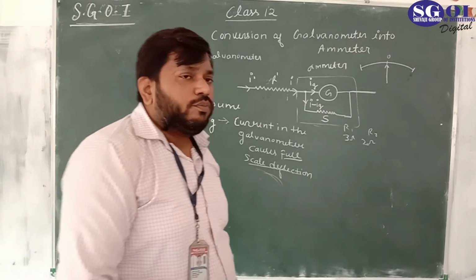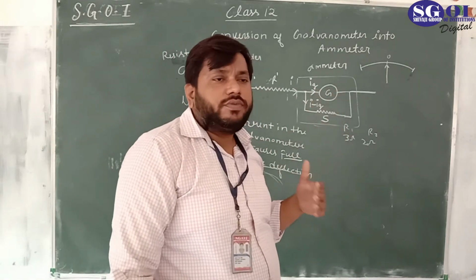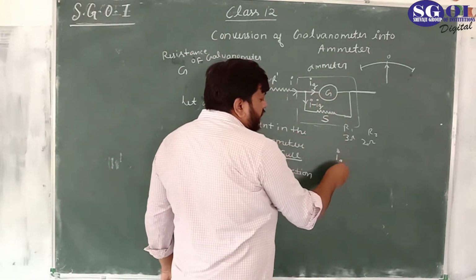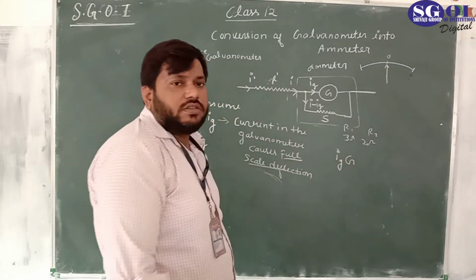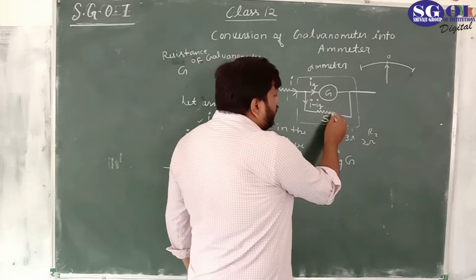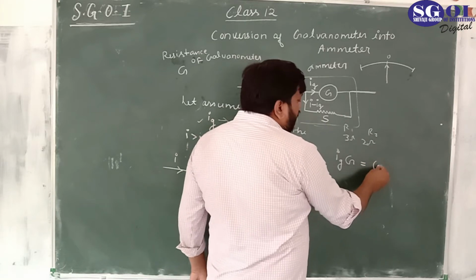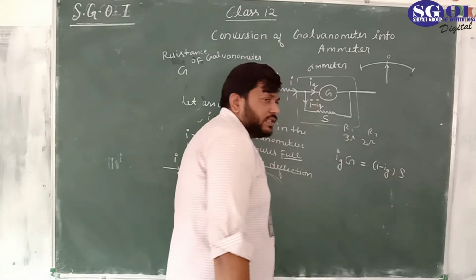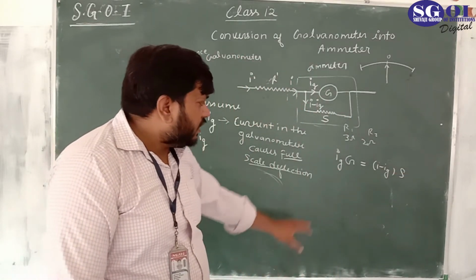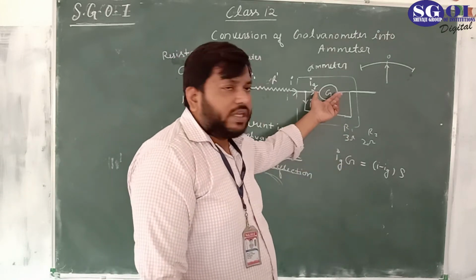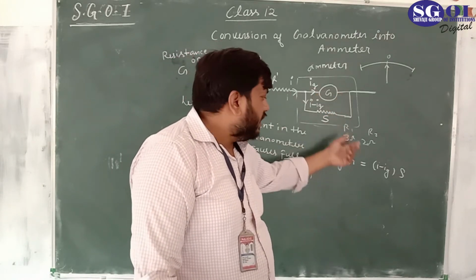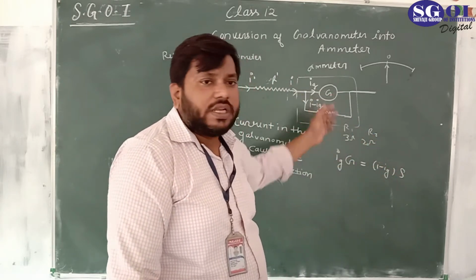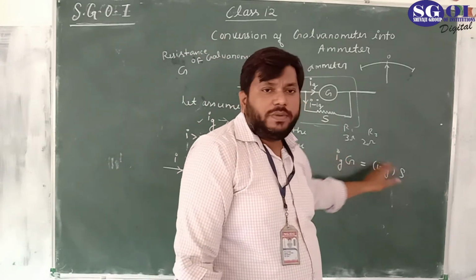It means the voltage across these two would be equal, because we know that in parallel the voltage is the same. So the voltage across this is current Ig into resistance G, and this is equal to the voltage across the shunt, which is I minus Ig into S. So students, Ig into G is the voltage across this galvanometer, and I minus Ig into S is the voltage across this shunt, and because these two are connected in parallel, these voltages would be equal.